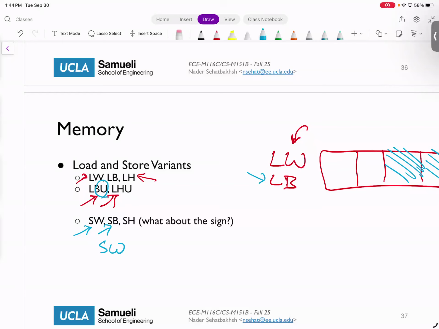The way this works is that if you provide a 32-bit register, it just takes the first byte and writes it. It ignores the rest of the register. And lastly, store half means that it just takes the first 2 bytes and stores them there. Here I don't need to care about the sign. Essentially, as a programmer, you are the one who needs to be worried about the sign.